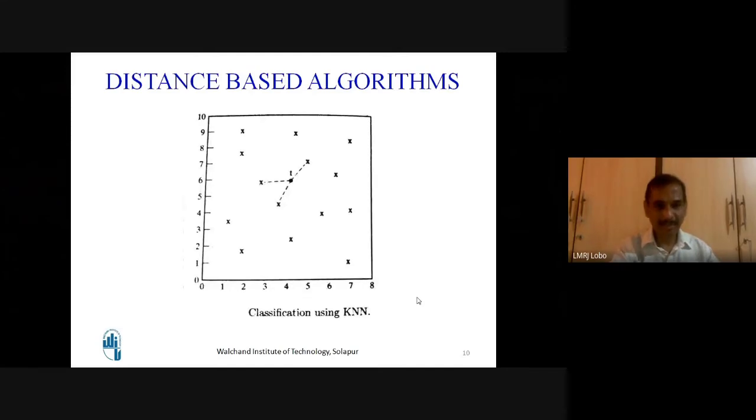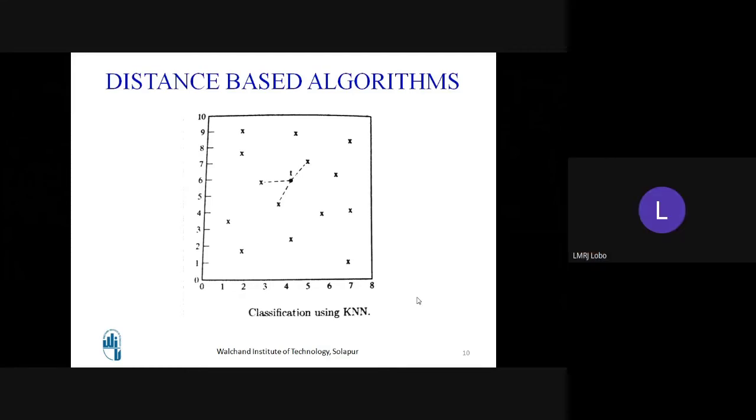Looking at this graphical representation, we see that the x's joined by the dotted line to the data item t, which is our tuple of interest, have the same distances, the closest neighbors. Then we go to the further neighbors, then the third furthest neighbor, and define k classes. So depending on the neighbors, we define such a distance based algorithm.